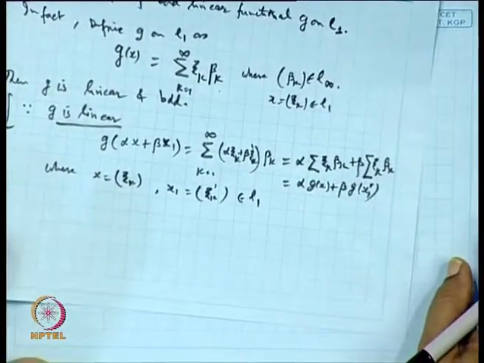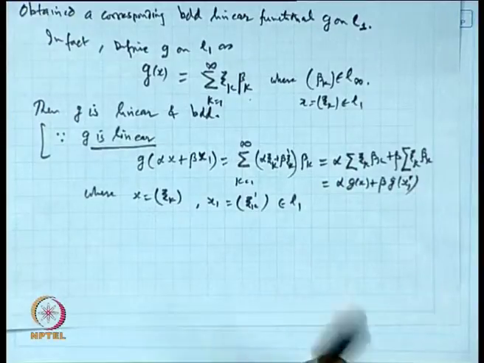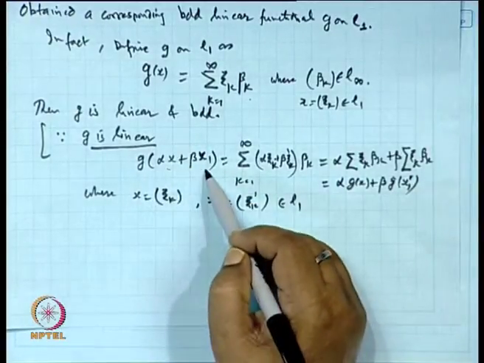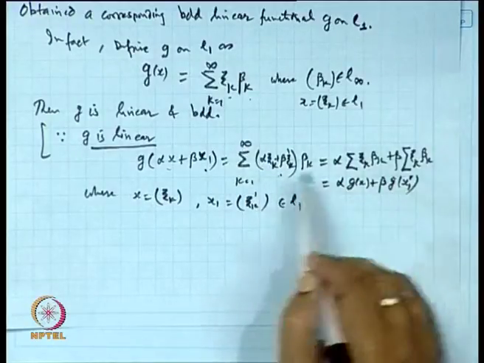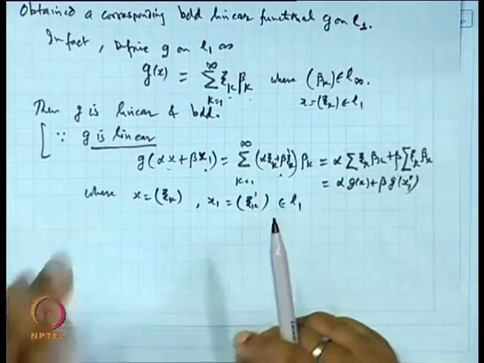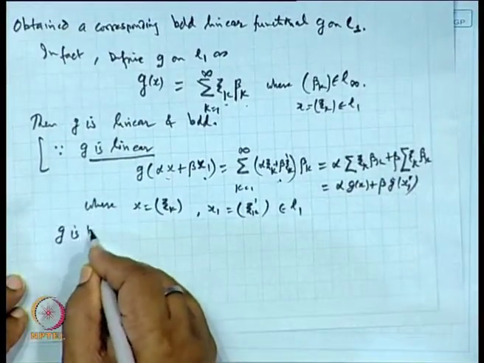You please check, it is okay. So, G is linear, meaning replace this x by a linear combination, correspondingly the change will come here, and then just addition. Now G is bounded.